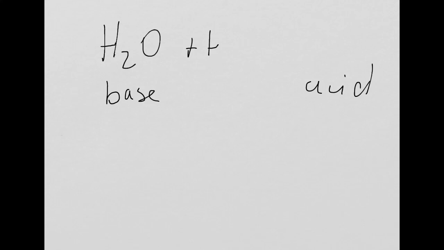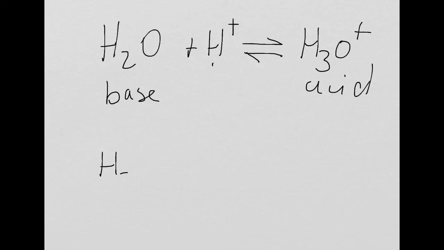So H plus, and it becomes H3O plus, exactly, a hydronium. So that's the acid. Now the acid, of course, I can write in that direction also. The H3O plus can give off a proton and is converted into a base, H2O, and now this is my acid.